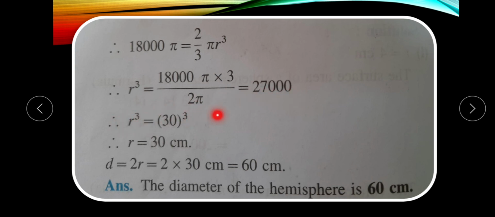Now taking the cube root from both sides, we get r is equal to 30 centimeter. That is the radius of this sphere is 30 centimeter. We need to find the diameter. Diameter is equal to twice of radius. Substituting the value 2 into 30, we will get 60. Therefore, the diameter of the hemisphere is 60 centimeter.